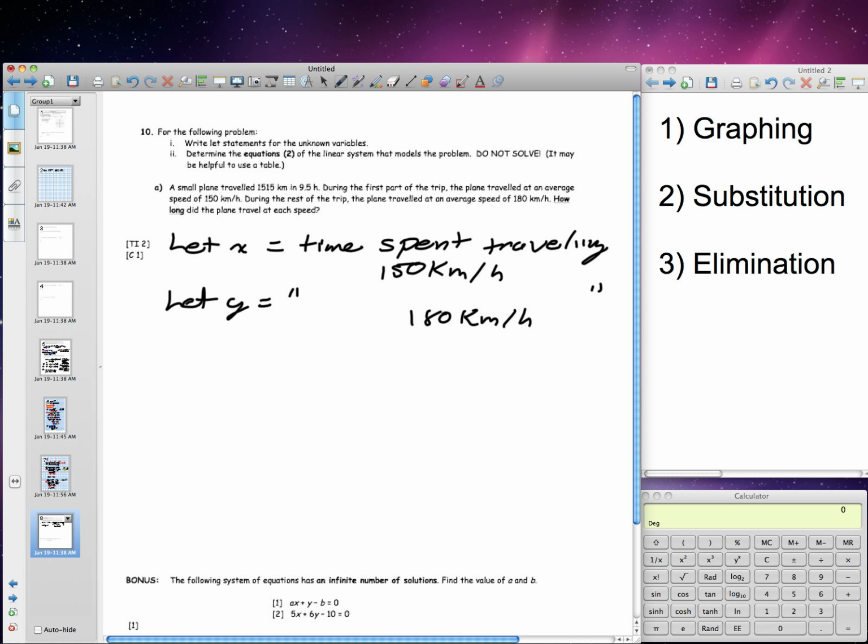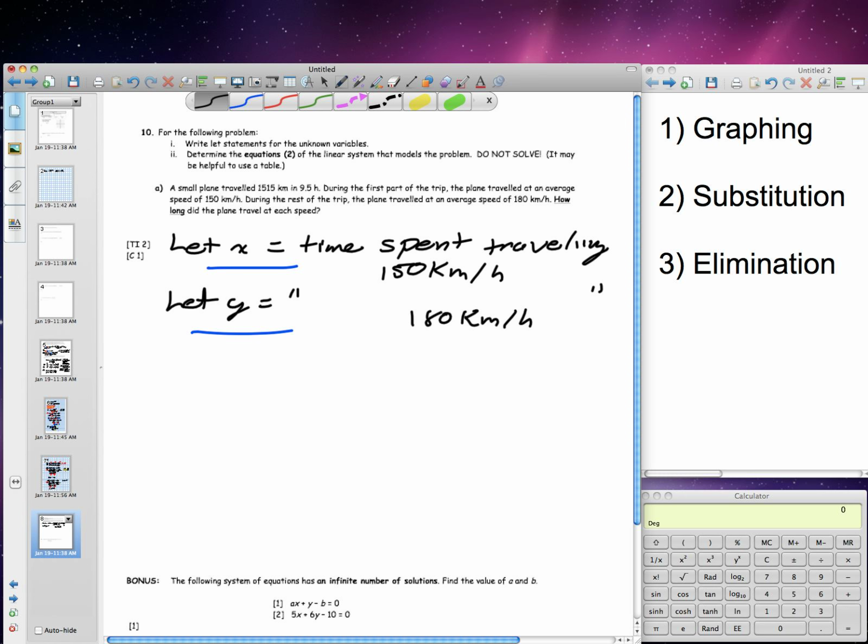Those are our x and y variables. How much time was this plane in the air in total? 9.5 hours. So the time spent traveling at 150 plus the time spent at 180 is going to equal 9.5 hours. Remember, x and y are measures of time, a little different from the previous question. So x plus y is equal to 9.5 hours.